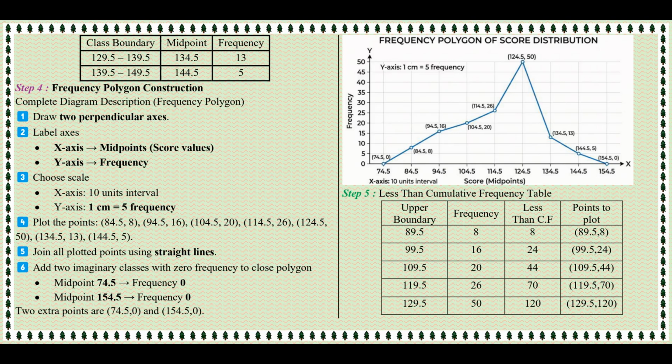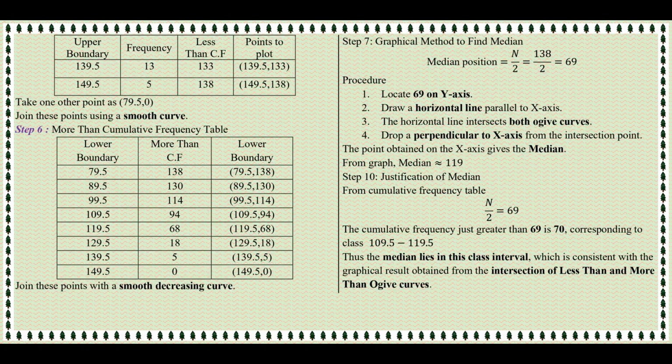At 109.5, cumulative frequency is 44. At 119.5, cumulative frequency is 70. At 129.5, cumulative frequency is 120. At 139.5, cumulative frequency is 133. At 149.5, cumulative frequency is 138. We also take one starting point, 79.5, 0. Now we join these points with a smooth increasing curve. This is the less than ogive.